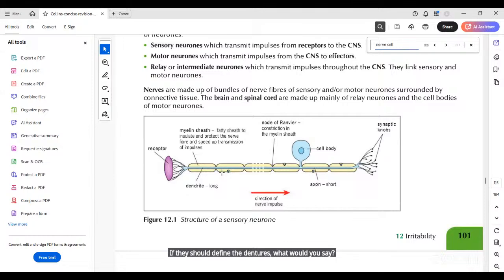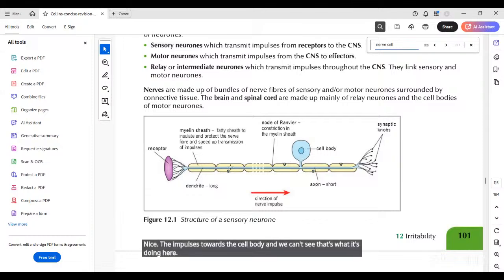The area on the cell where the impulses travel. Nice. It's like a nerve fiber that carries impulses towards the cell body, and we can see that's what it's doing here.